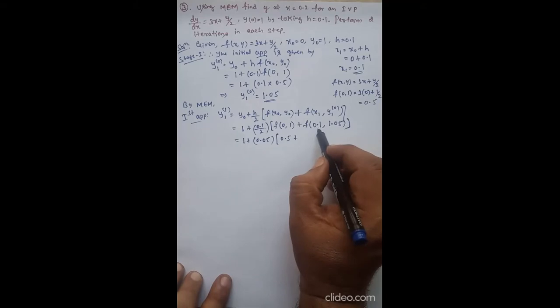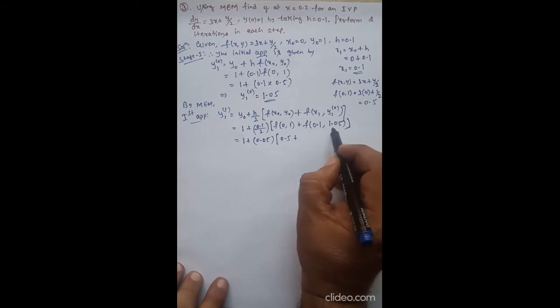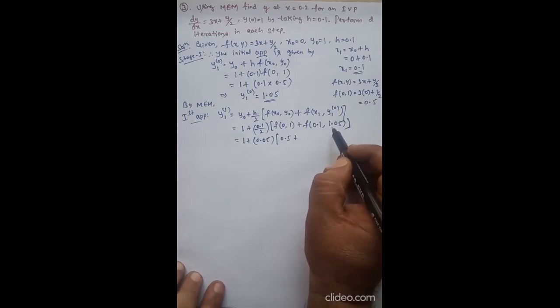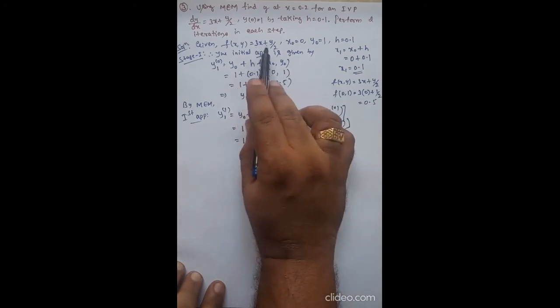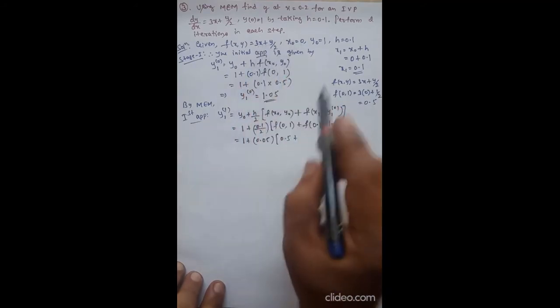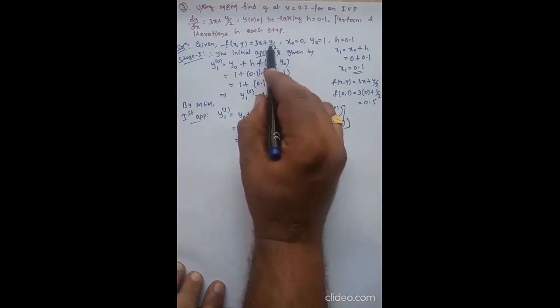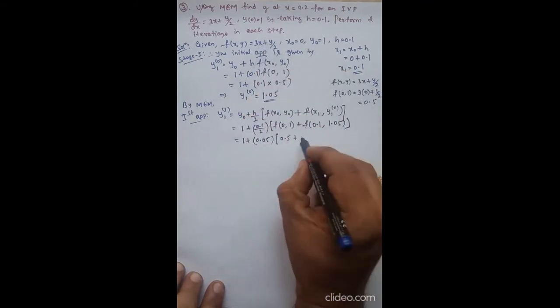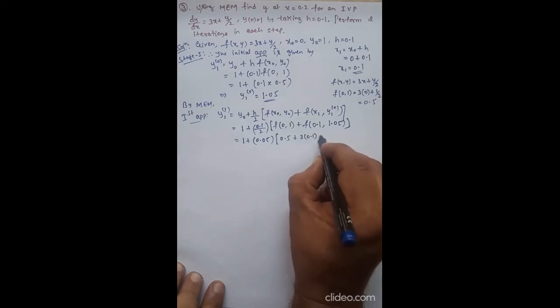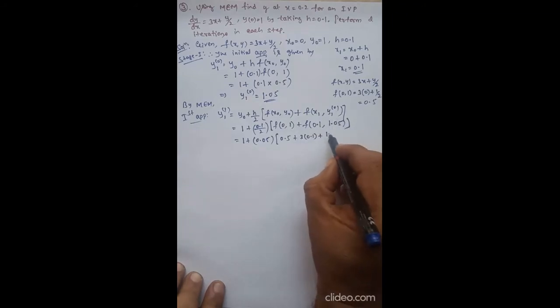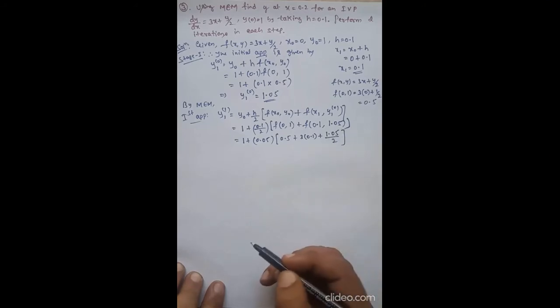So this is f of x comma y. X is 0.1, y is 1.05. And you know f of x comma y is 3x plus y by 2. In this, let us put value of x, that is 0.1 here, and y is 1.05 directly in this. So it is 3 into 0.1 plus y by 2. Y by 2 means 1.05 divided by 2.